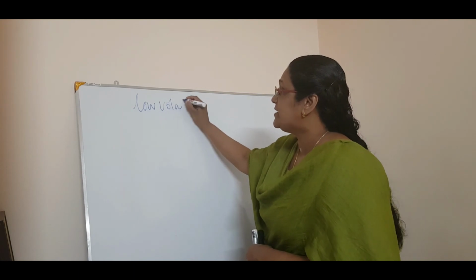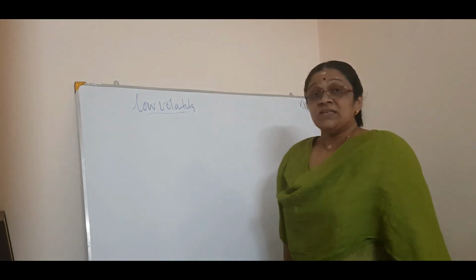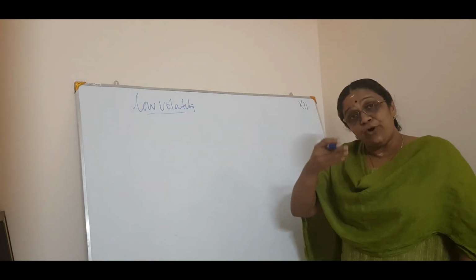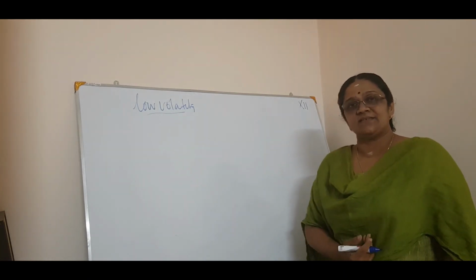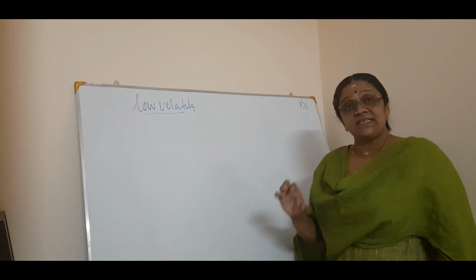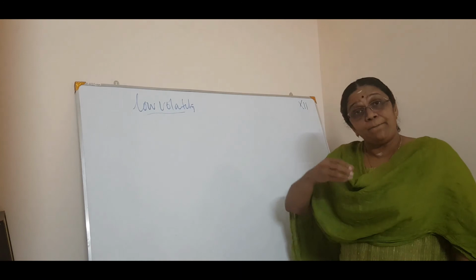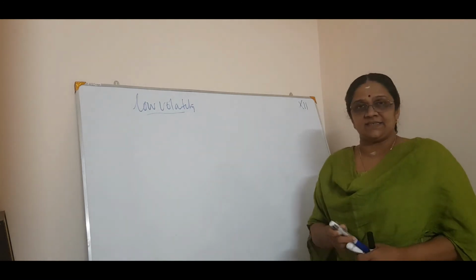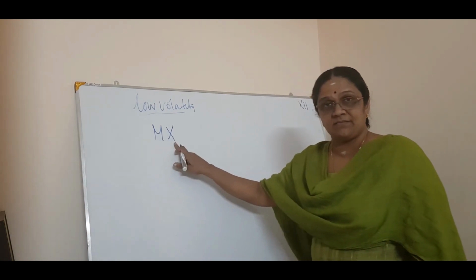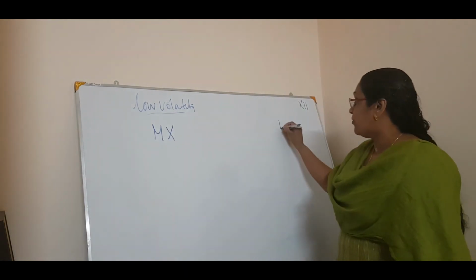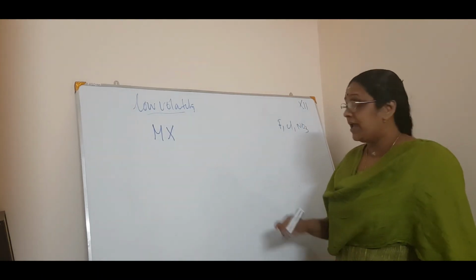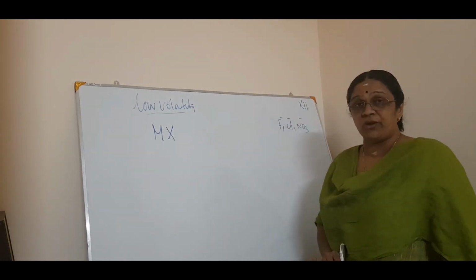Now, what is the importance of this volatility? Since sulfuric acid is low volatile, it can produce high volatile acids from the corresponding salt. For example, in the case of metal halides, X is fluorine, chlorine, or even nitrate: F minus, Cl minus and NO3 minus.